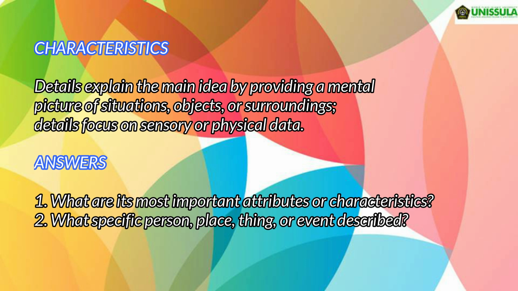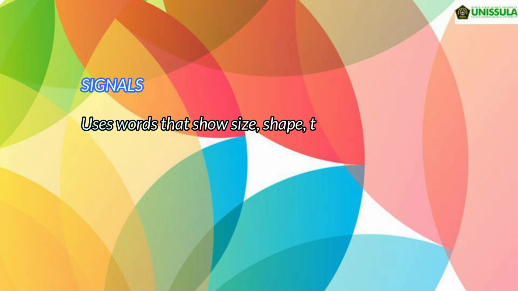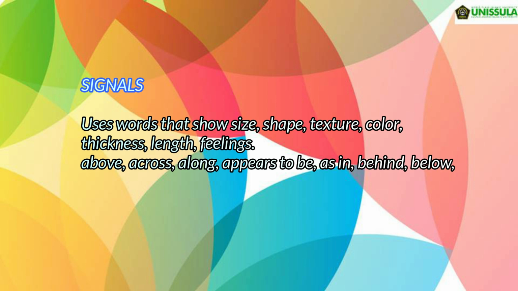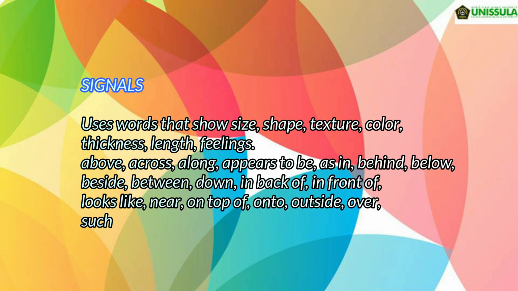The text or paragraph will answer the two questions before. And then you can use these kinds of signal words. You may take a look at the words used, such as size, height, texture, color, thickness, length, feelings.